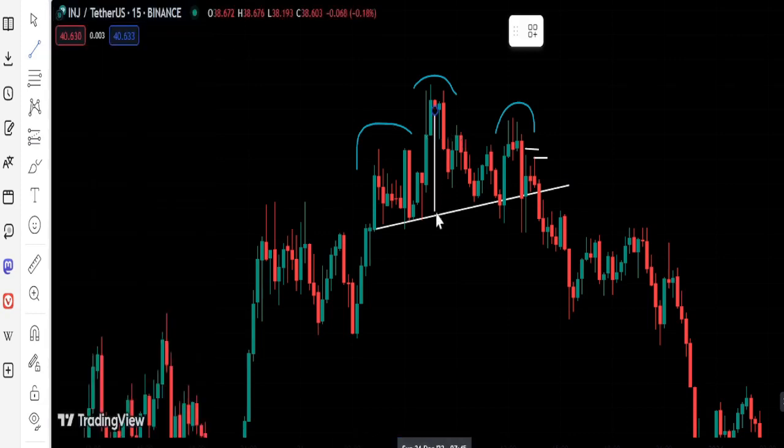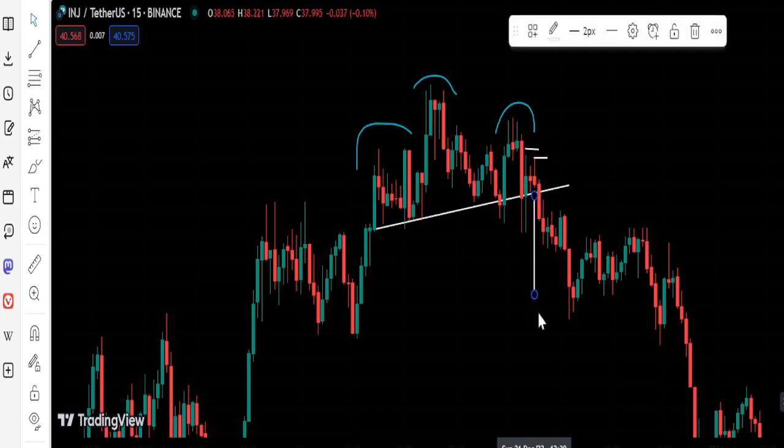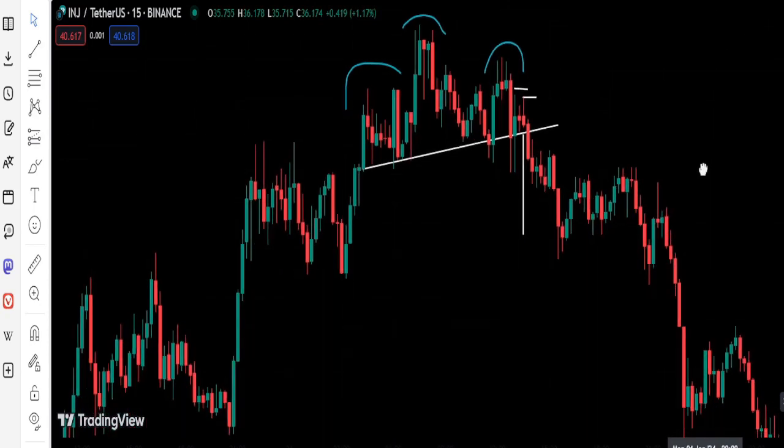In this case, we have this distance from here, and if we project it down here, it will give us this distance here. So in this case, we would have met our targets. Like I said, you can always trail your stop loss to maximize your profits.